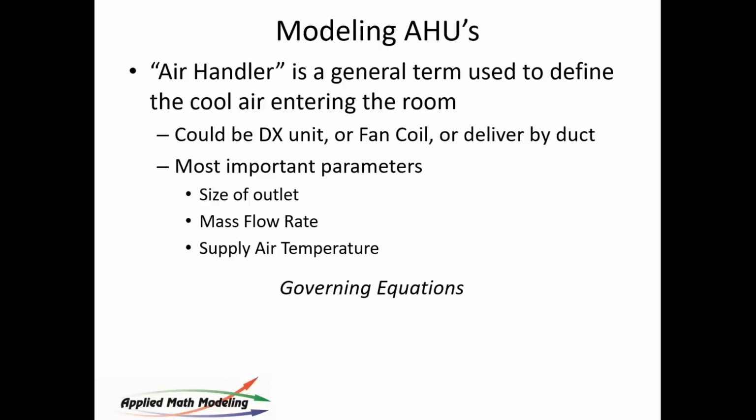The governing equations for this are the same one I reviewed last time when we talked about containment. Now I'm talking about air handlers. The heat transfer Q is equal to the mass flow rate times the density times the specific heat of air times delta T. So it's the delta T that you're looking for. That's on the server side.